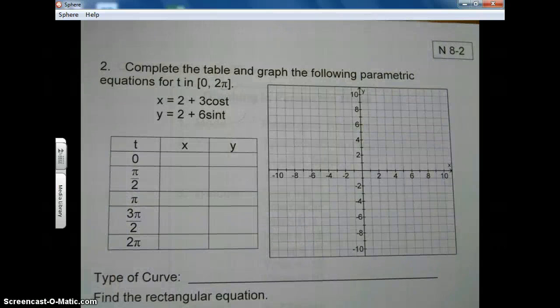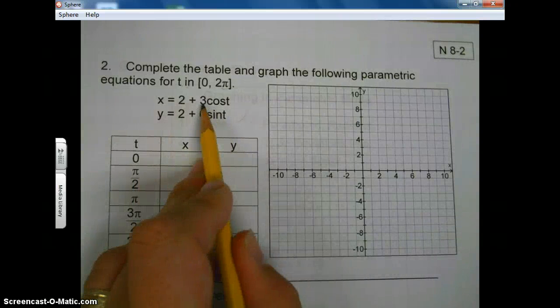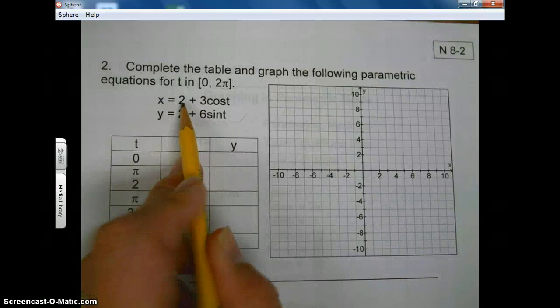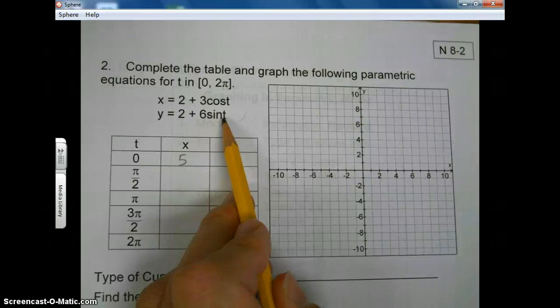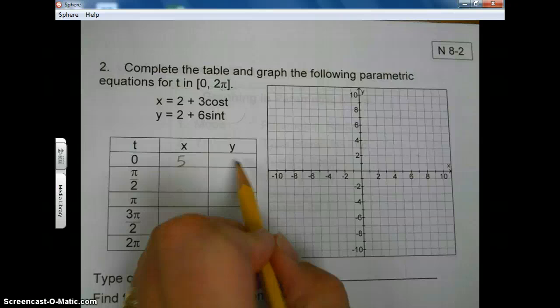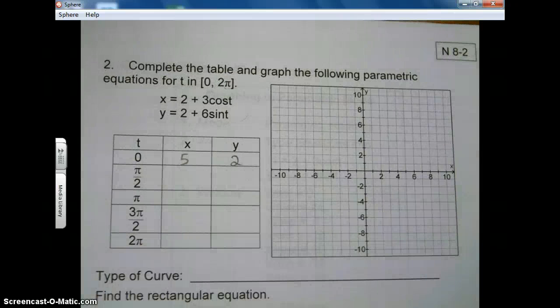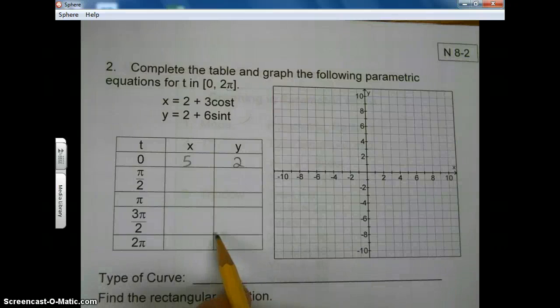Well, let's find out. The cosine of 0 radians is 1. 1 times 3 is 3 plus 2 is 5. The sine of 0 is 0, times 6 is 0, plus 2 is 2. Continue to fill out the table and plot the points.